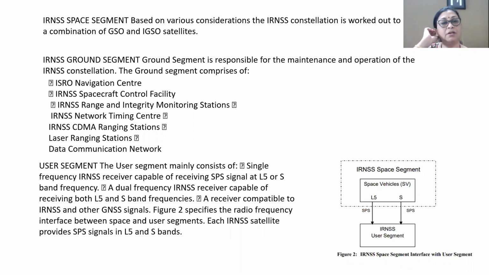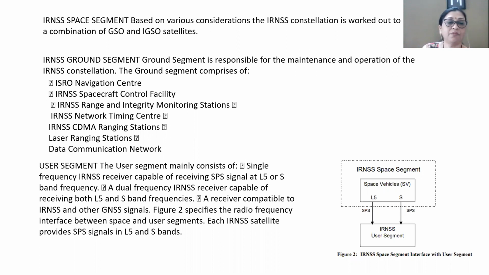And the ground segment consists of the navigation center by ISRO, spacecraft control facility, range and integrity monitoring system, network timing centers, and CDMA ranging stations. Laser ranging stations are also there, and a data communication network is there. That is what is present in the ground segment of our Indian satellite system.